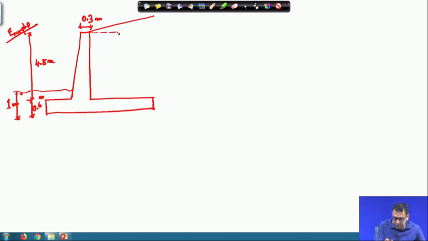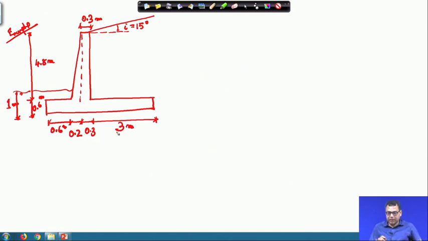So, the inclined angle I is equal to 15 degree, and this one is chosen 0.6 meter. Now, this part is 0.2 meter, this one is 0.3 meter, and this one is chosen 3 meter. So, these total dimensions are chosen for the first trial.